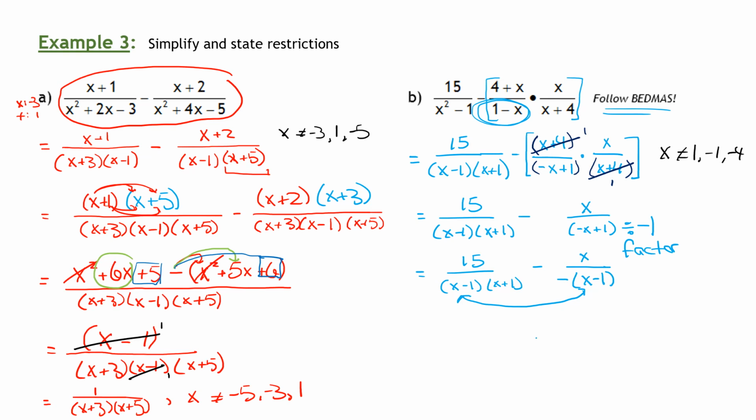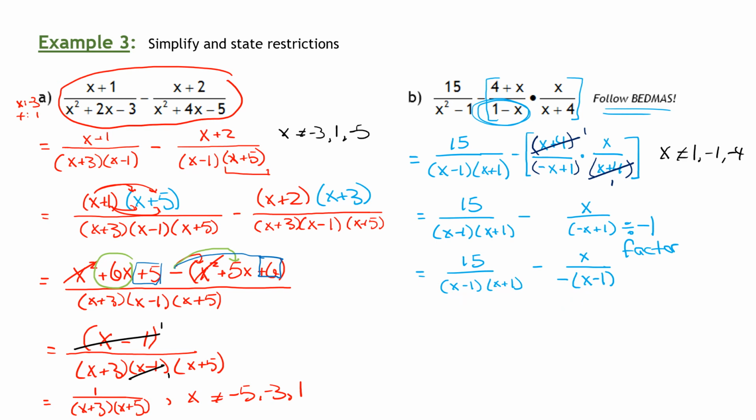Remember the rule is a minus b is equal to negative b minus a. So we had x minus 1, and that's the same as negative 1 minus x. So now that I've pulled out a negative, I can say that they're part of a common denominator. And if I didn't notice that, I would just have a bigger denominator, which would kind of cancel it later.